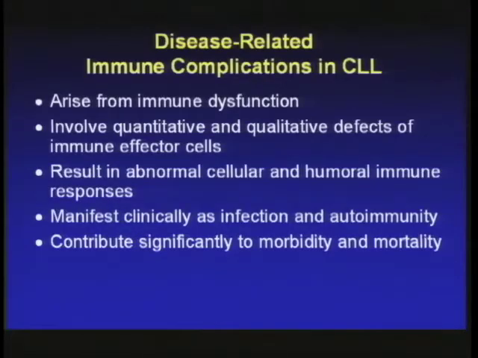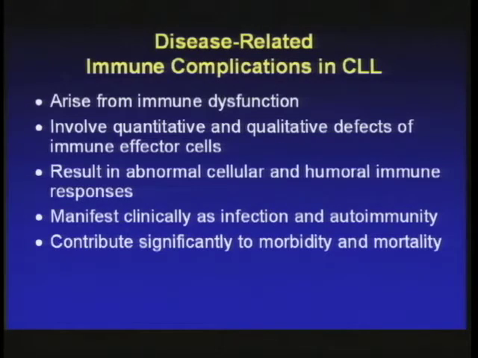So there are a number of defects in the immune system that are associated with CLL. Most of these arise because of the leukemic clone, or the leukemic cells that are present, and the leukemia cells are very, very effective at confusing the immune system and causing abnormalities, confusing cells that should function normally but don't because they've had some interaction with these malignant B cells.